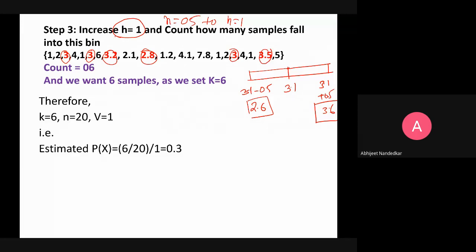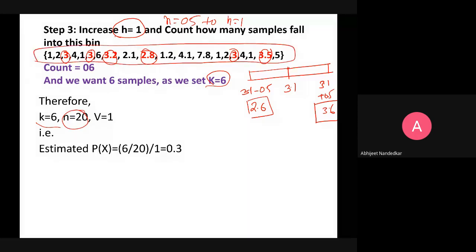So this is by chance. Okay, you may get more, you may get less. Then depending on that, you have to take a decision. Now suppose I got this 6 and I am interested in 6. Total number of samples are 20 in this list, so this list is with n equal to 20.